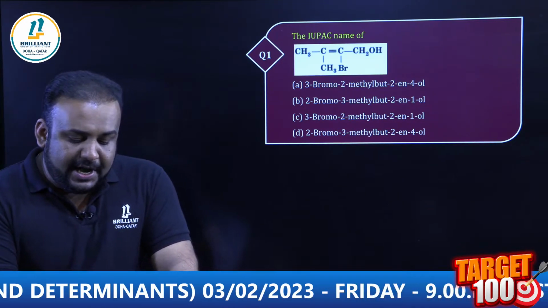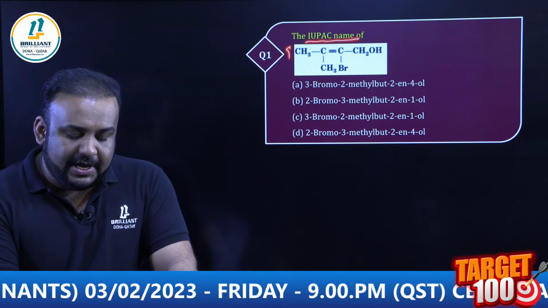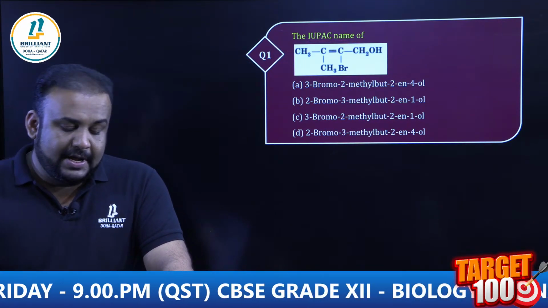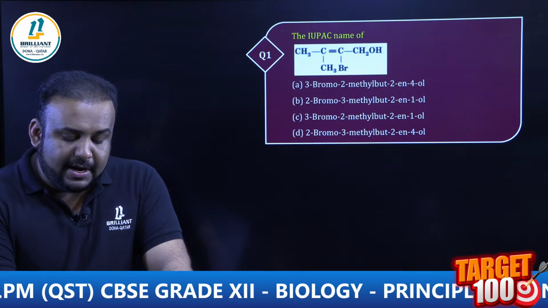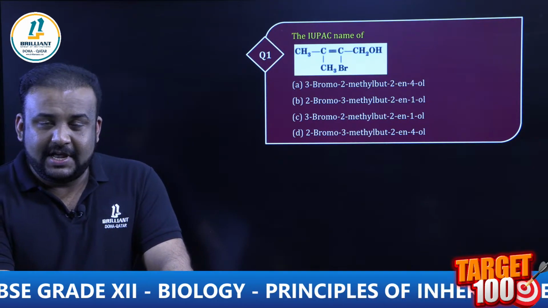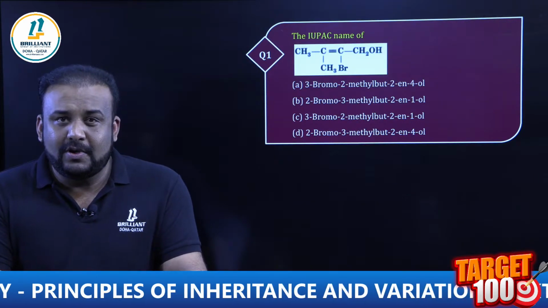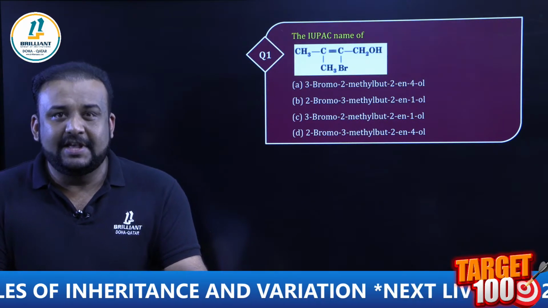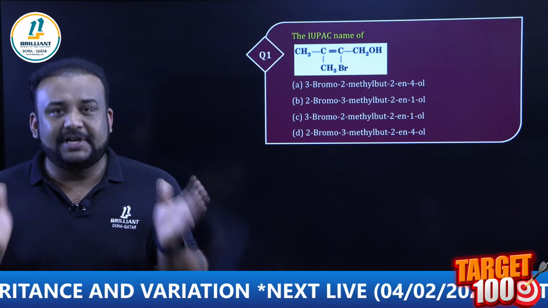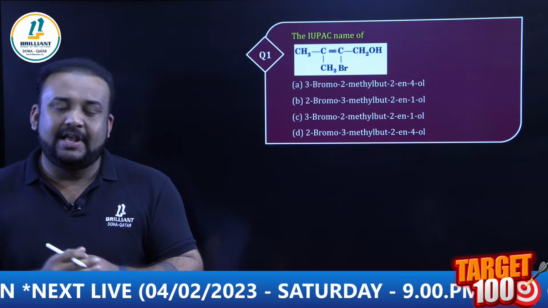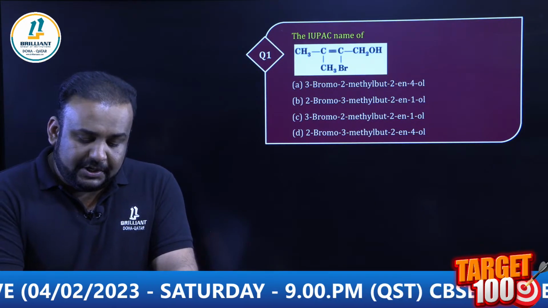The IUPAC name of the given compound here. As you all can see, in this compound there are different functional groups. You know the basic rule we follow when we have multiple functional groups: we need to fix one of the groups as the principal functional group, and the remaining has to be treated as secondary functional groups.